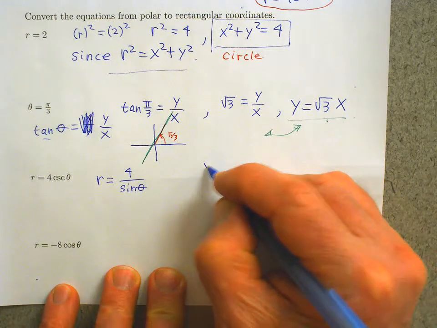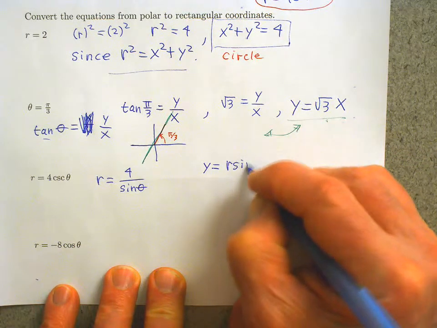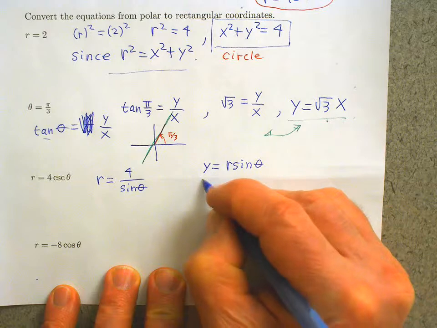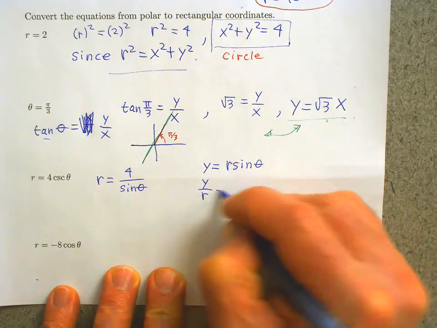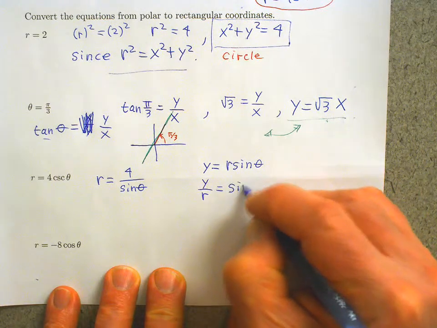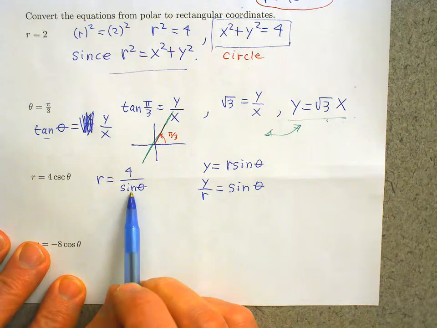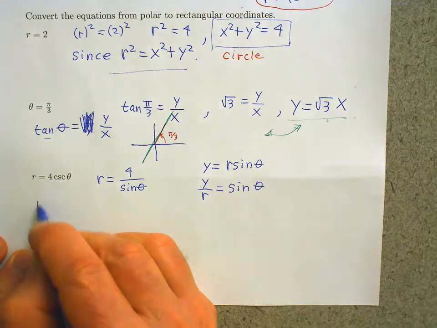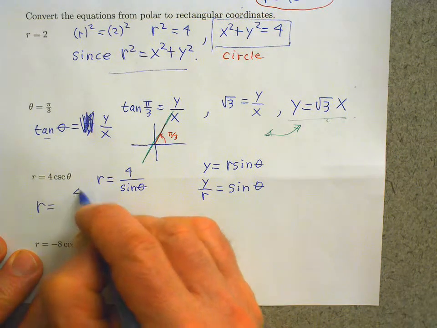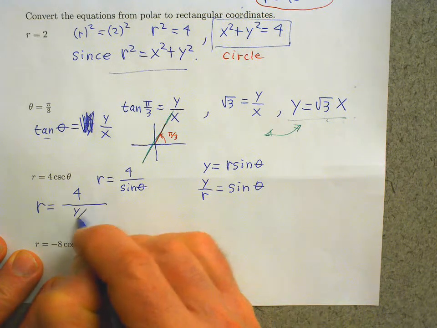And then if we remember that y is equal to r sine of theta, that means that sine of theta is y over r. So y over r is sine of theta. And then we replace sine of theta with y over r.